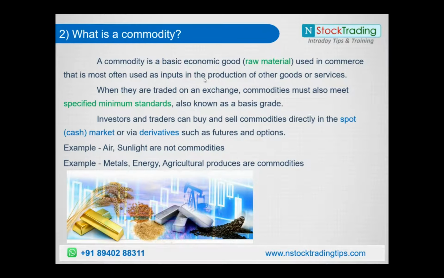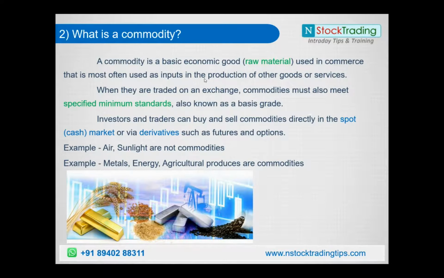Now, there are two types of trades. One is that you can buy and sell in the spot market, or cash, or you can do it as derivatives, which are futures and options. So what is the spot market and what are derivatives? In the spot market, you have to trade immediately. Derivatives are where there is a set date in the future at which you will have to close the trade at an agreed price.